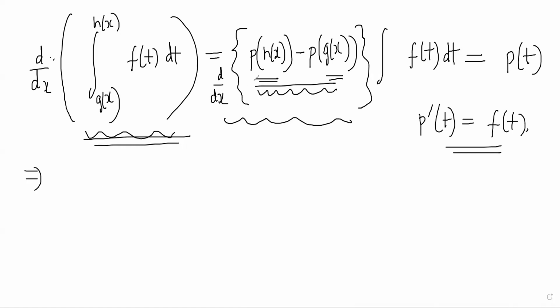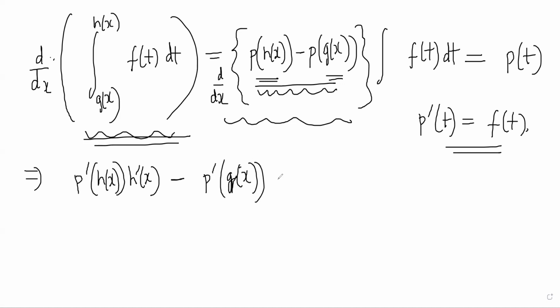It's pretty simple, no? Does everyone know how to take derivatives? Yes, sir. So it will be p dash h of x by chain rule and then h dash x, right? Yes, sir. Minus p dash g of x and then g dash x, right?